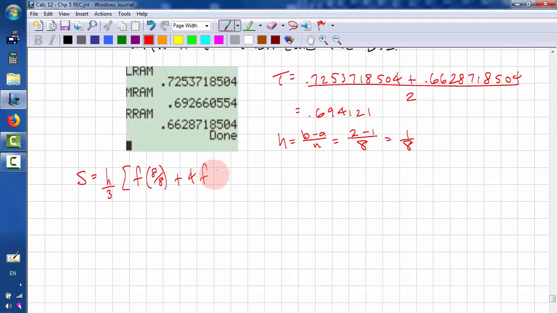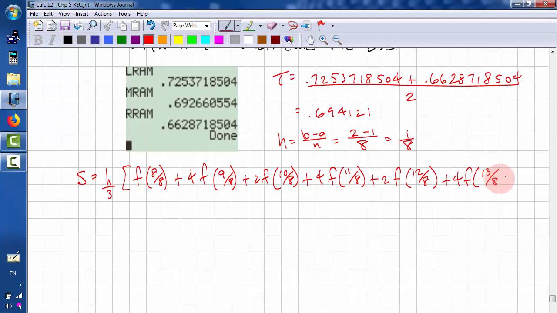Plus 4 times f of 9 over 8 plus 2 times f of 10 over 8, and we're not simplifying that, plus 4 times f of 11 over 8 plus 2 times f of 12 over 8 plus 4 times f of 13 over 8 plus 2 times f of 14 over 8 plus 4 times f of 15 over 8 plus f of 16 over 8.